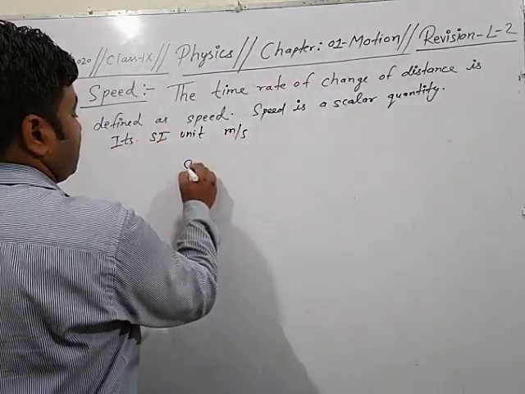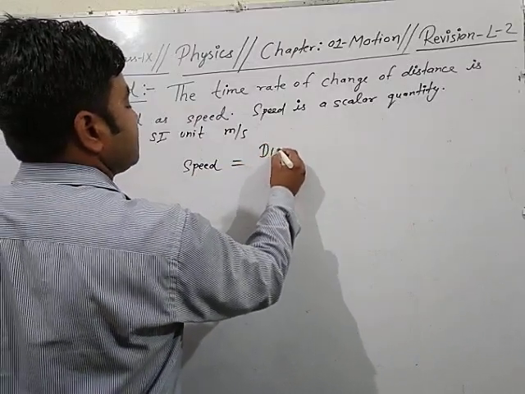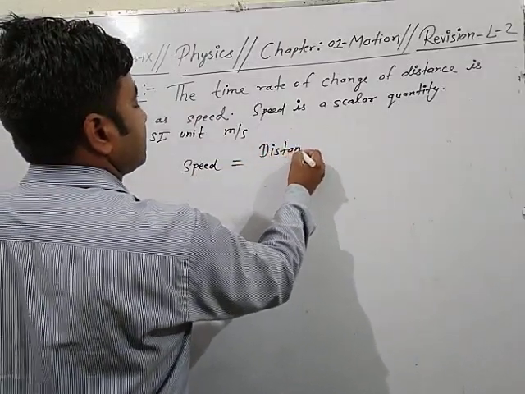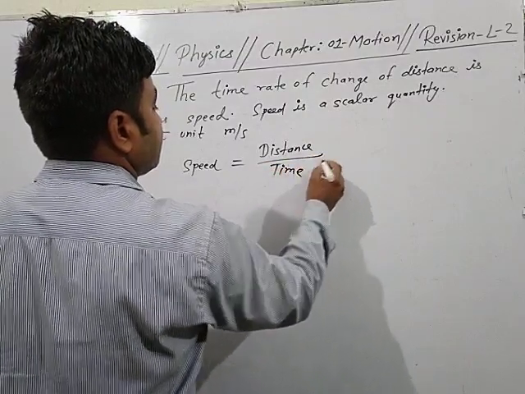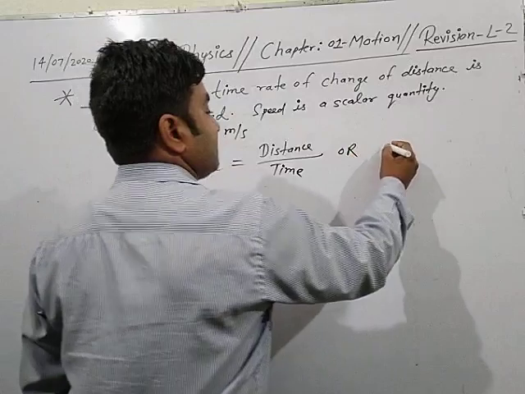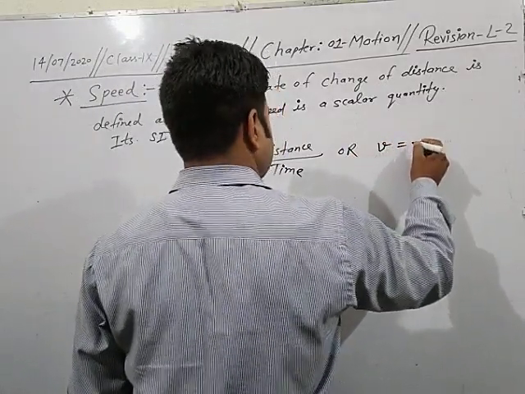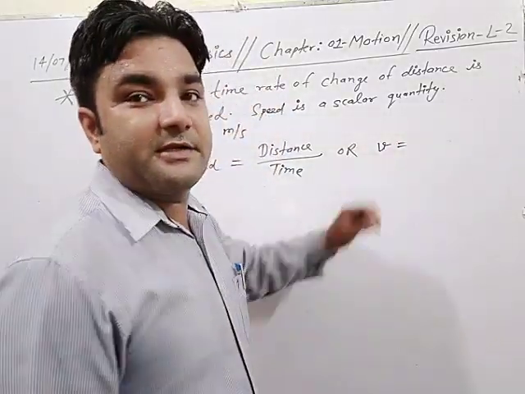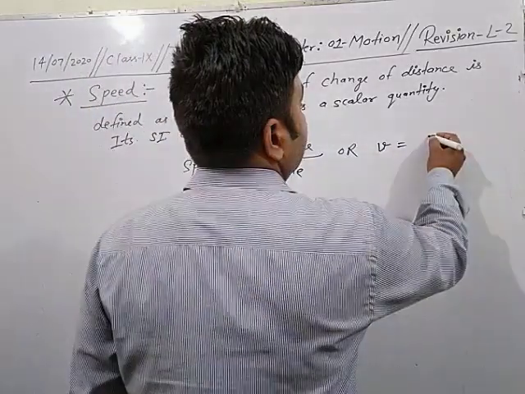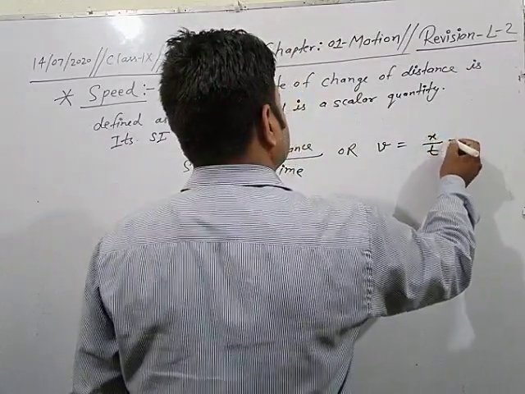Formula: speed is equal to distance upon time. If representing speed by v, then v is equal to x upon t.